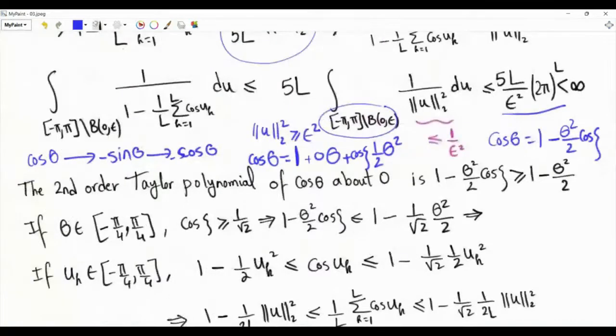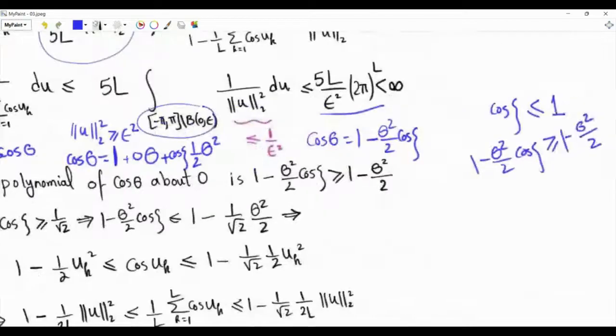Let's now restrict ourselves to theta in the range from minus pi over 4 to pi over 4. In this range, if theta is in this range and zeta is between 0 and theta, then cosine zeta is greater than or equal to 1 over square root 2, which is cosine pi over 4.